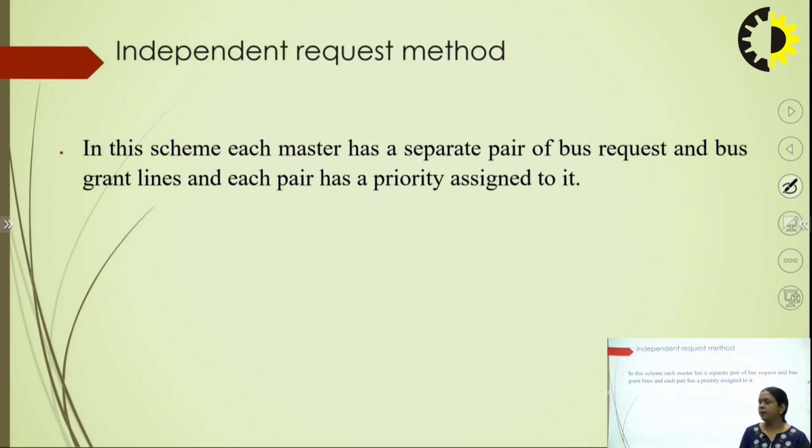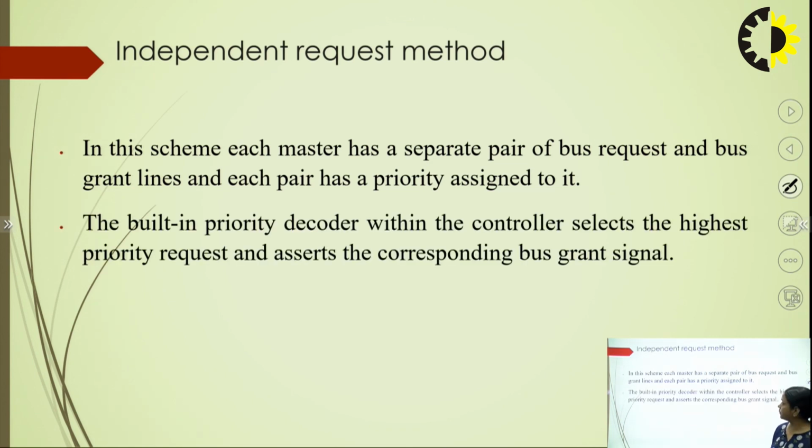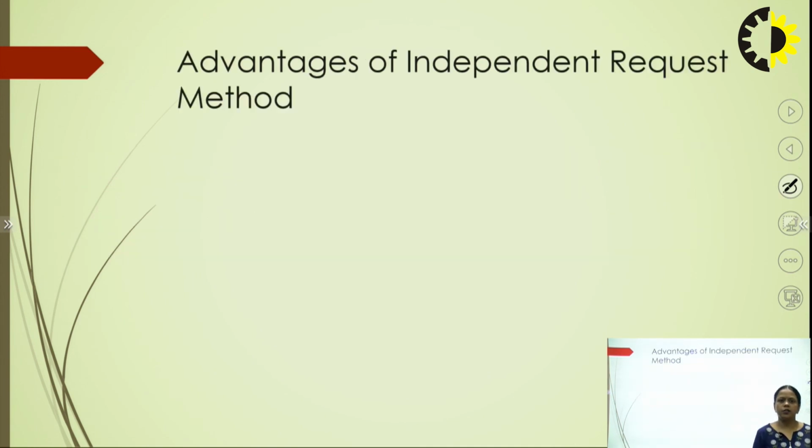In this scheme, each master has a separate pair of bus request and bus grant lines. Each pair has a priority assigned to it. The built-in priority decoder within the controller selects the highest priority request and asserts the corresponding bus grant signal. Now, the advantage of the independent request method.